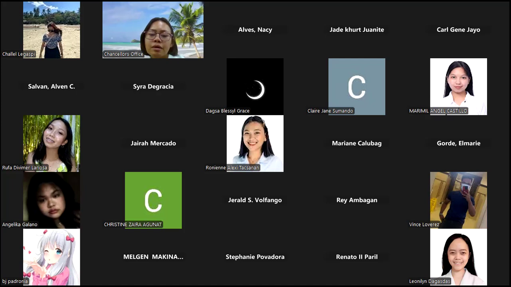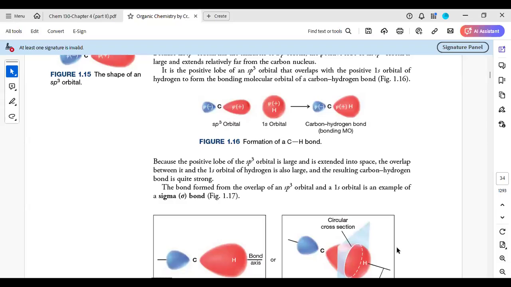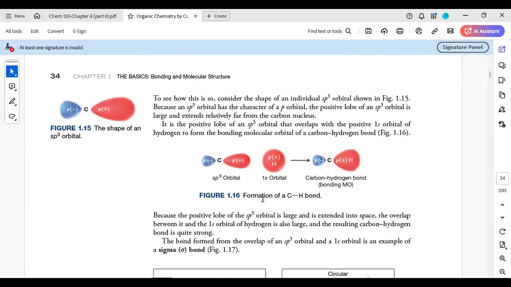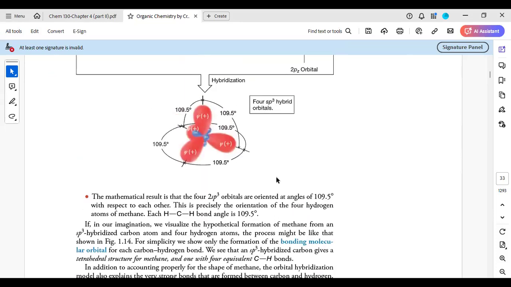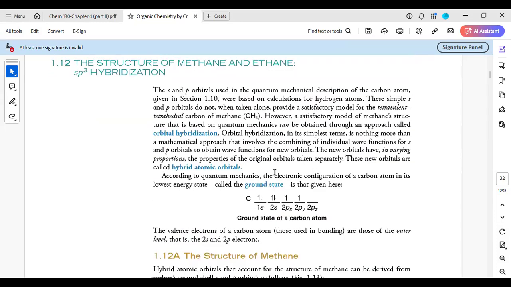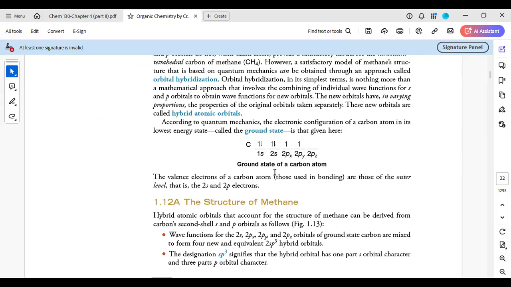So what is a sigma bond again? I just have to repeat, just in case, but this is very basic in organic chemistry. So for example, you have your sp3 orbital and you have your s orbital. So where would the sp3 and the s orbital come from? That would come, for example, if you have your methane.